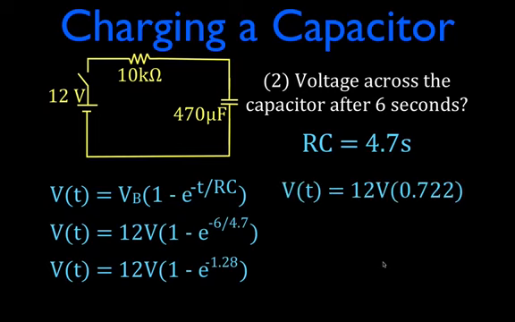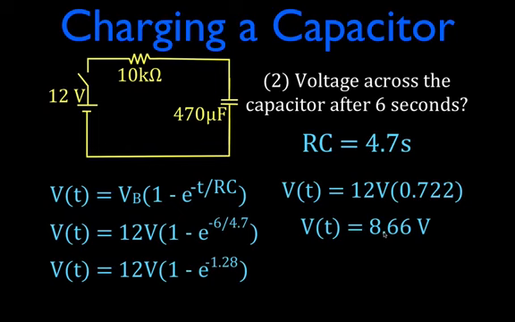And that tells us that after 6 seconds, the voltage across the capacitor will be 72.2% of the voltage of the source. And that tells us that the voltage across the capacitor at 6 seconds will be 8.66 volts. Okay? Basically the same thing whether using time constants or time, both time, same equation.